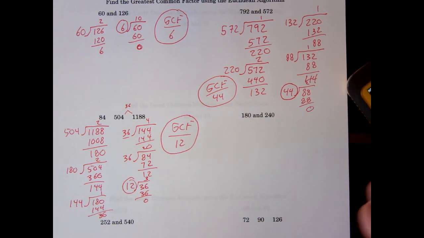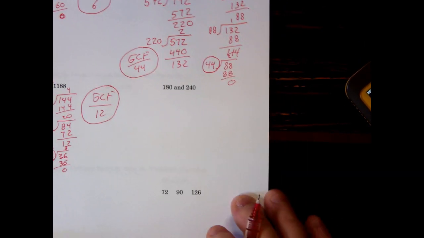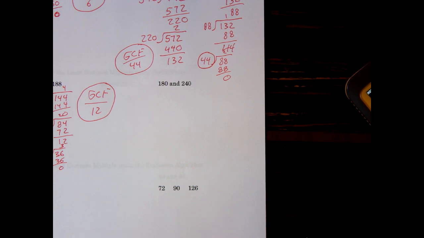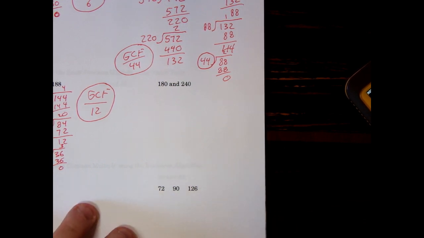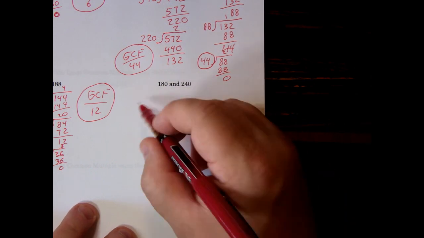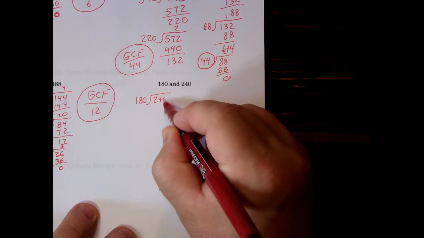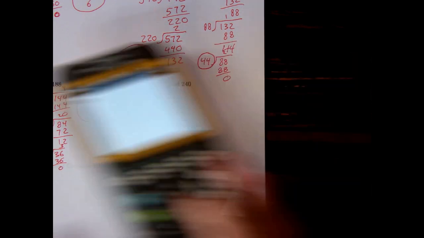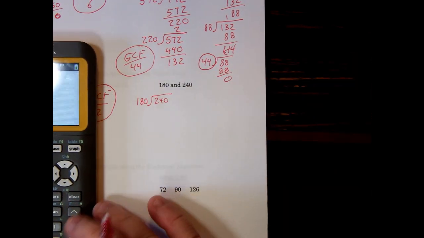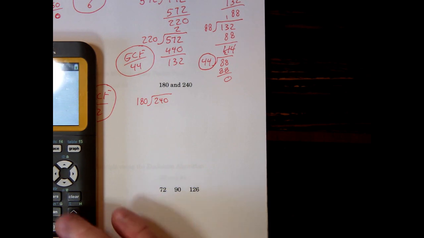All right, so try some practice. This time you have 180 and 240. See if you can use the Euclidean algorithm on your own, and then pause, and then turn this back on and see how you did. All right, welcome back. So, smaller: how many times will 180 go into 240? 240 divided by 180 is just once.